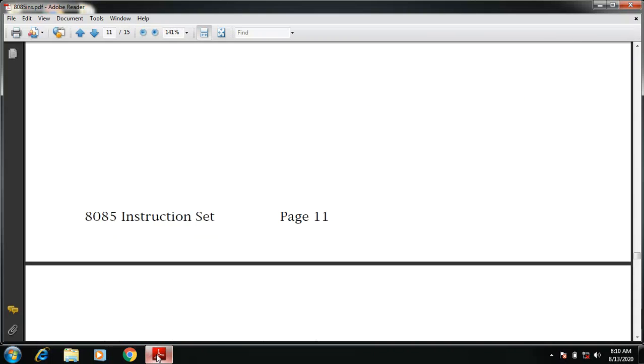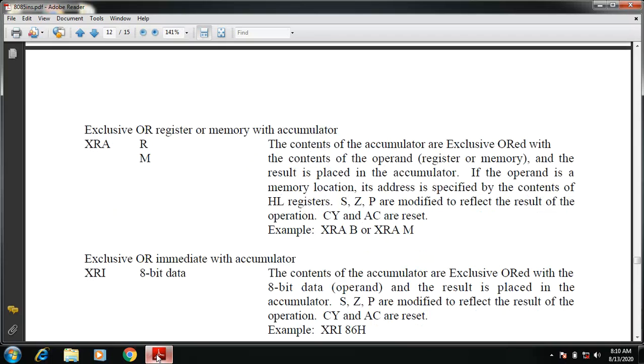Okay, next, XRA: exclusive OR register or memory with accumulator.